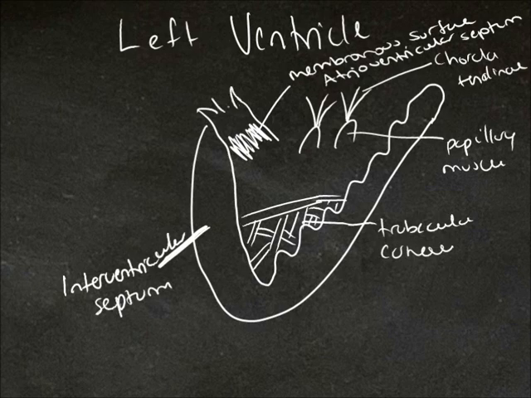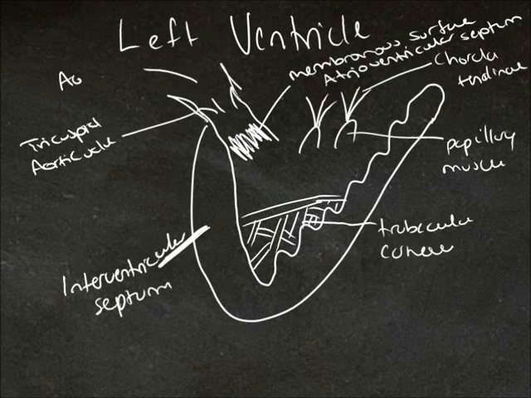Moving up, you have another tricuspid valve, and this is called the aortic valve. And up here you have your aorta.